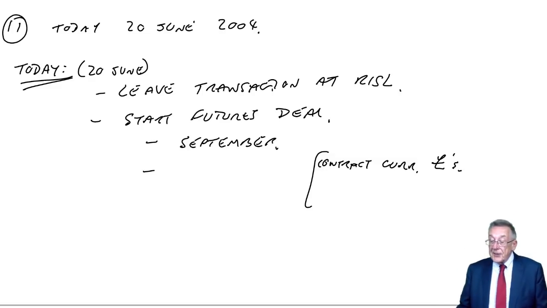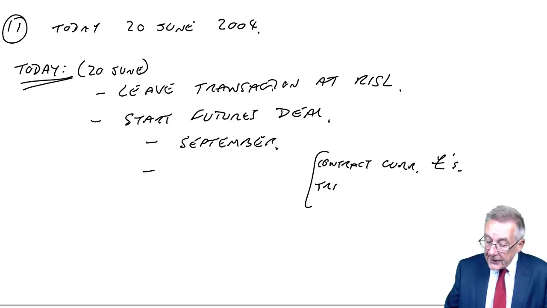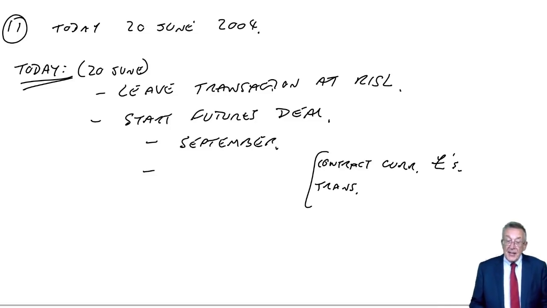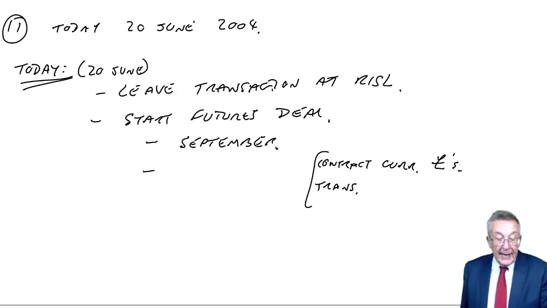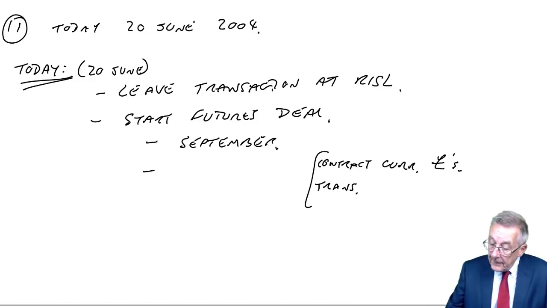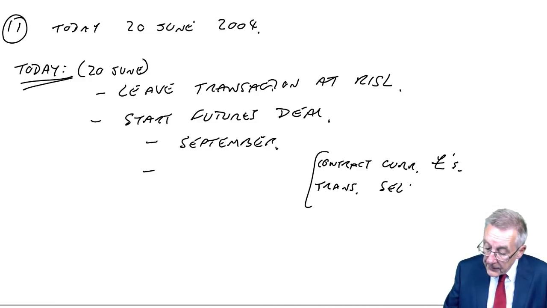And so you ask yourself, does the transaction itself involve us having to buy pounds or sell pounds? Well, we're in the UK, we owe dollars, so we'll have to buy dollars. And if you're buying dollars, you're selling pounds.